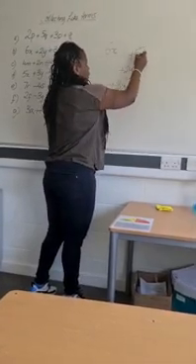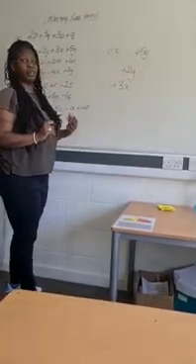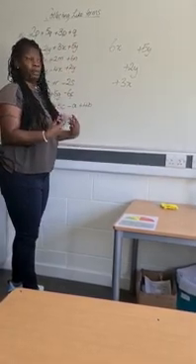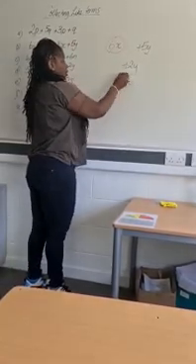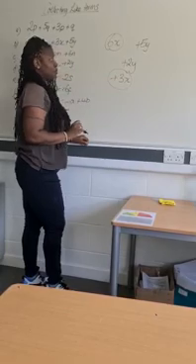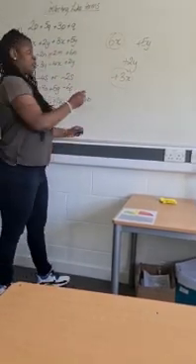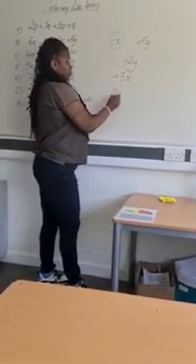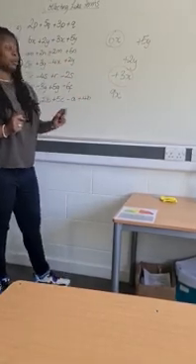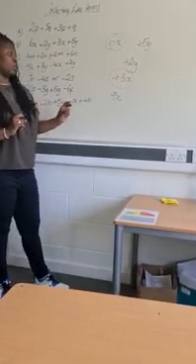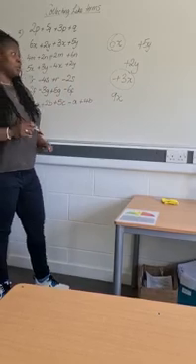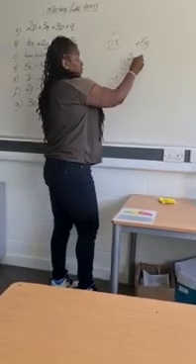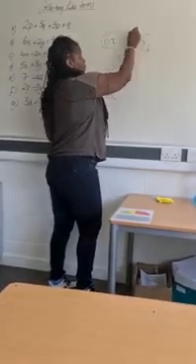Now as I said, it's about grouping things together. So I want to put all the x's together. I've got 6x plus 3x, and that gives me 9x. I don't need to put the positive sign because it's the first one in my expression. Next one is plus 2y plus 5y.